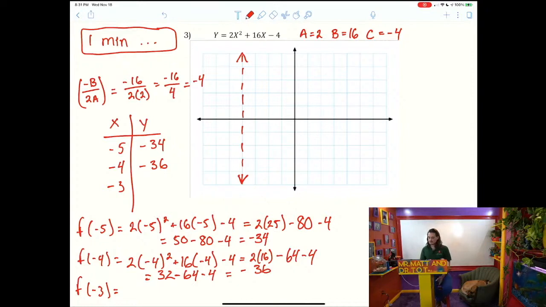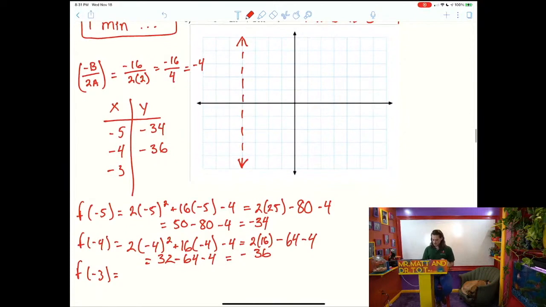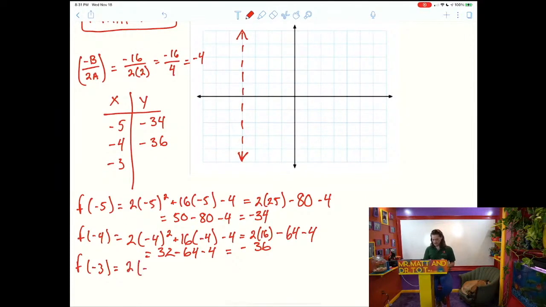So negative 3 squared is 9, so we're going to have 2 times 9 plus 16 times negative 3, which is a negative 48, and then we have that minus 4 carrying on. 2 times 9 is 18, so this is going to be 18 minus 48 minus 4. 18 minus 48 is going to give us a negative 30. Negative 30 minus 4 is indeed negative 34.